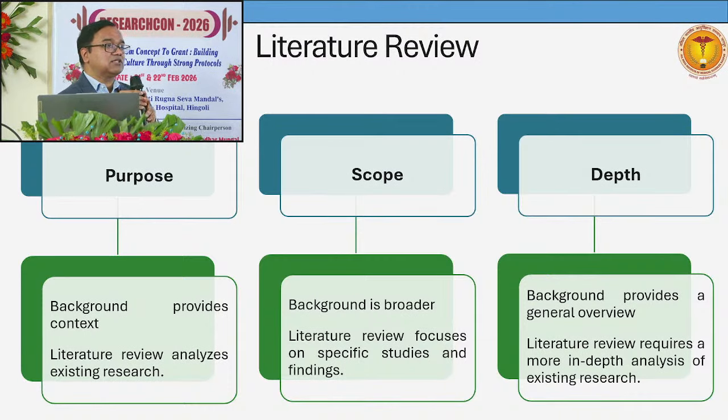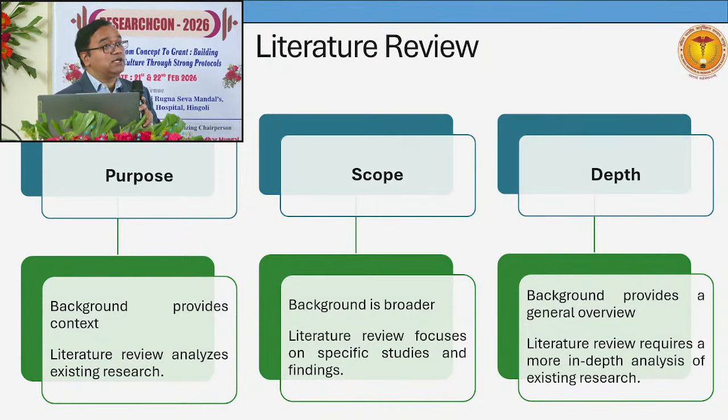Because your earlier research question was very broad, like a crow sits and the branch breaks. But now review of literature can tell me that 100 people have researched this, and they found that the branch breaks only if the crow's weight is 250 grams. So now I am refining my research question: if the weight of the crow exceeds 250 grams, what happens to the branch?